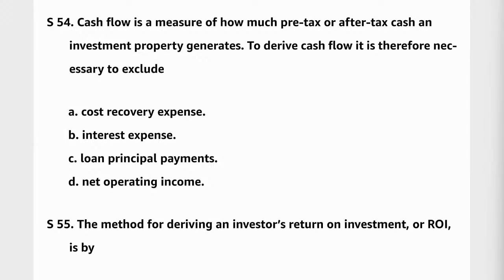Is it net operating income, loan principal payments, interest expense, or cost recovery expense? No, it is not net operating income. We don't want to exclude net operating income. That is actually our cash flow. Net operating income is our cash flow.